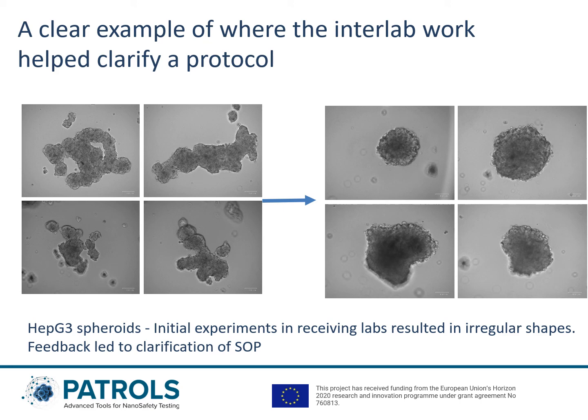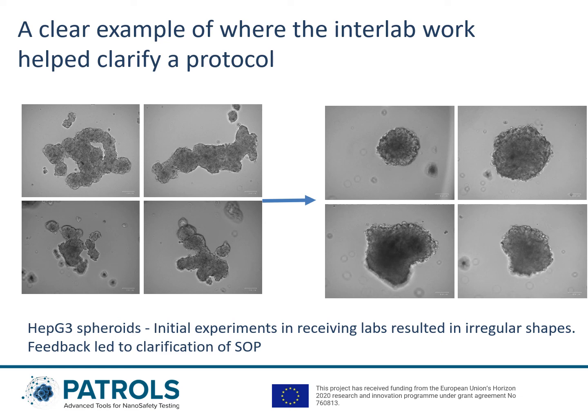One of the useful things that came out of the interlaboratory comparison was the ability to improve the SOPs, and I'm just going to give you one example for this here. On the left-hand side, we have a HepG2 liver microtissue generated by one of the labs receiving the SOP from Swansea University. You can see that these cells did not form spherical microtissues in these experiments.